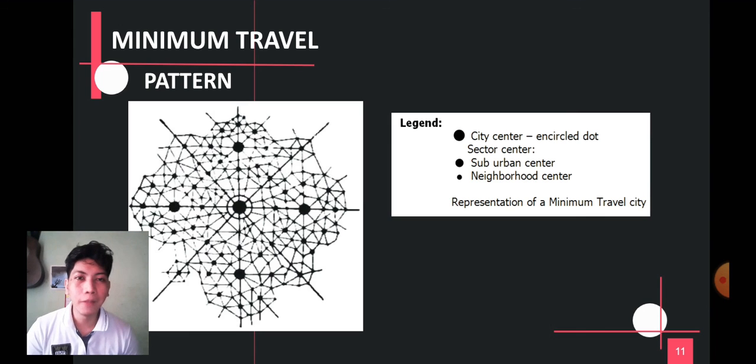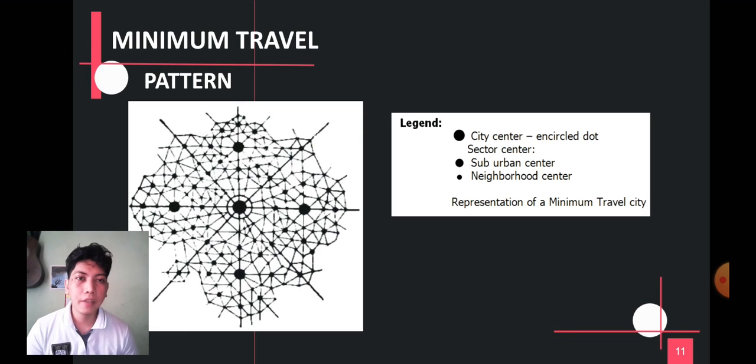And from the diagram, it is very complicated, as you can see. The lines that are interconnected with one another are the roads, and it has a main road from the central or the focal point.